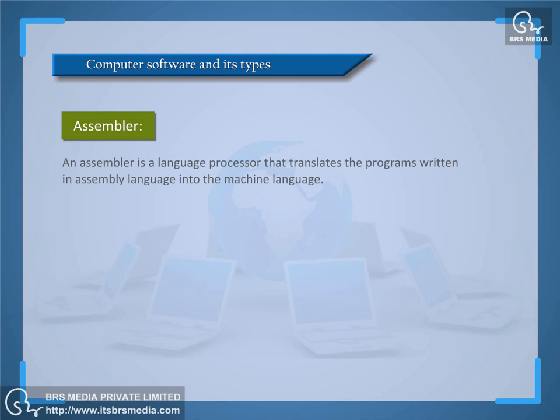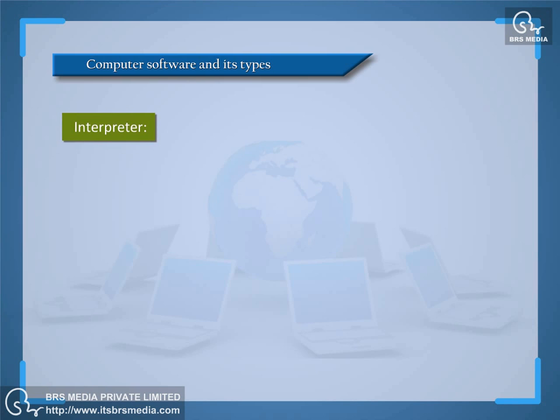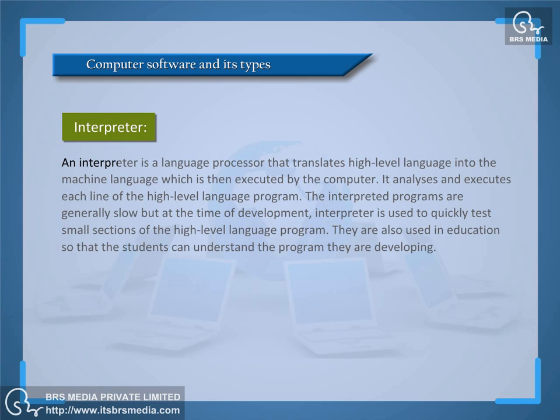Assembler. An assembler is a language processor that translates programs written in assembly language into machine language. Interpreter. An interpreter is a language processor that translates high-level language into machine language, which is then executed by the computer.